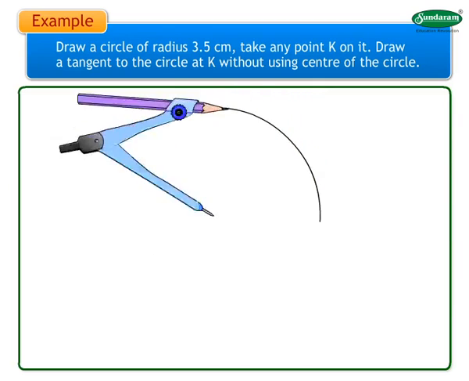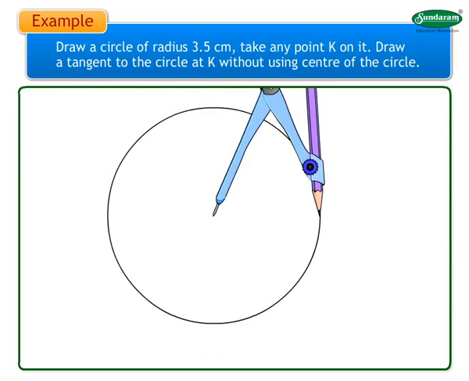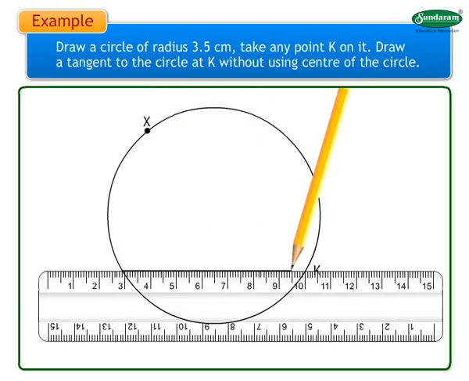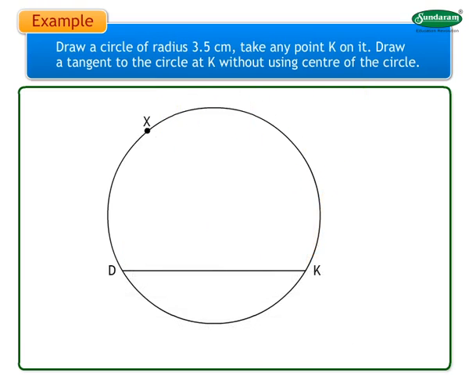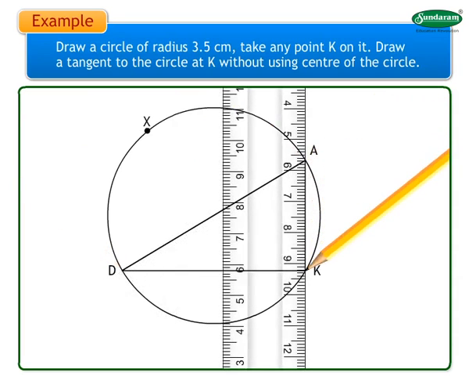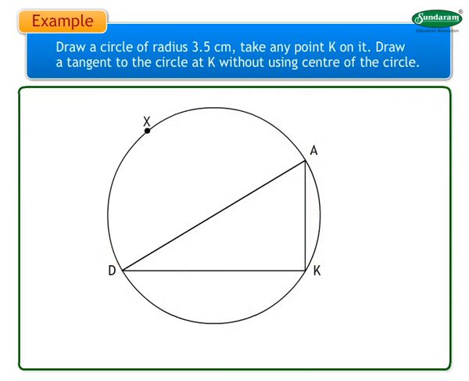Draw a circle with radius 3.5 centimeters with point K on it. Now draw chord DK. Take any point A on the alternate arc of KXD other than K and D. Draw segments DA and KA to join triangle DAK.